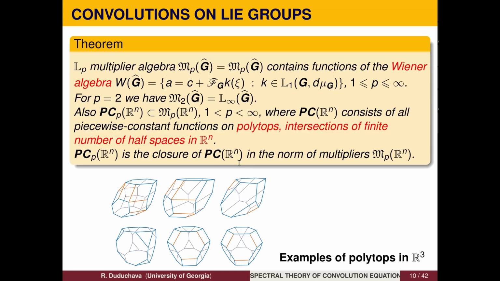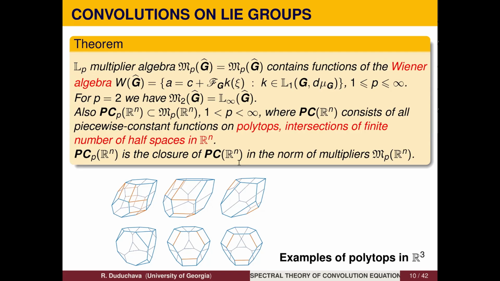The LP multiplier algebra contains functions of the Wiener algebra. The Wiener algebra is a subset of our multiplier class for any P, and the Wiener algebra is: we take a function from L1, an absolutely integrable function, take the Fourier transform, add constants.